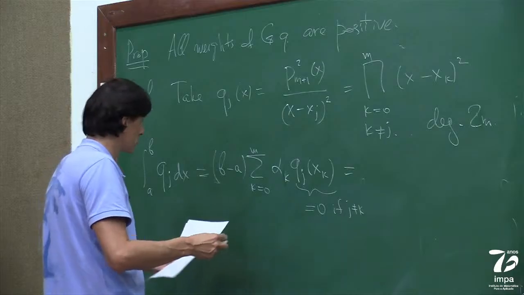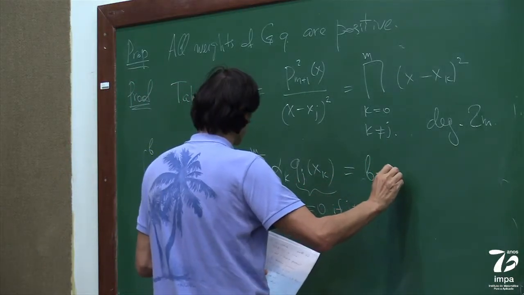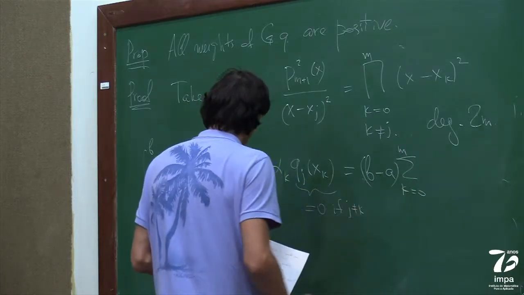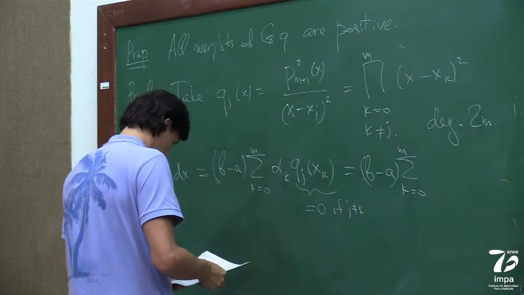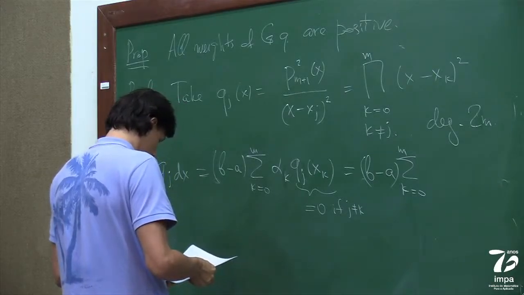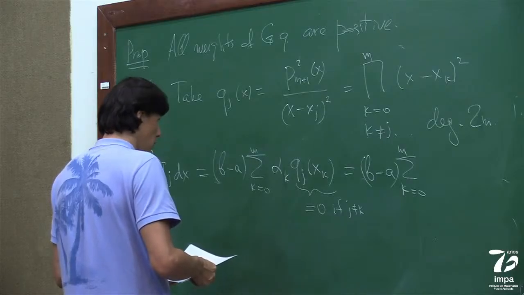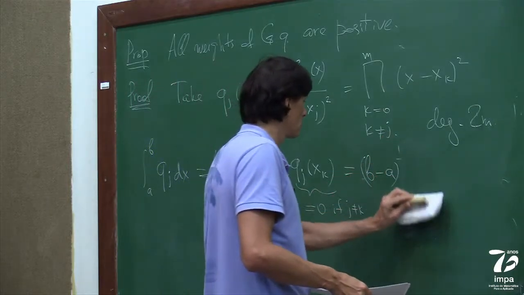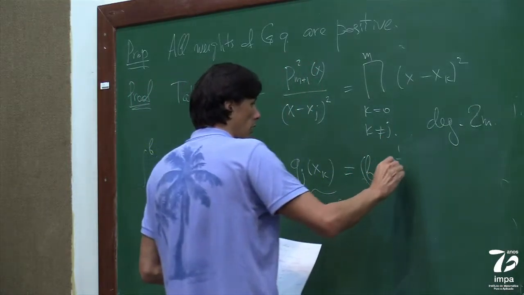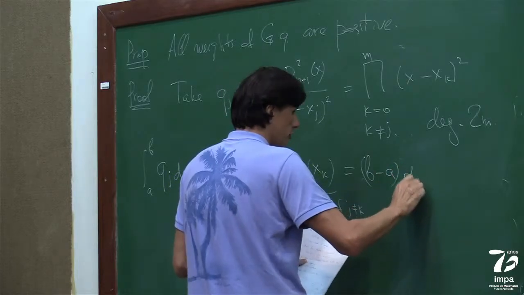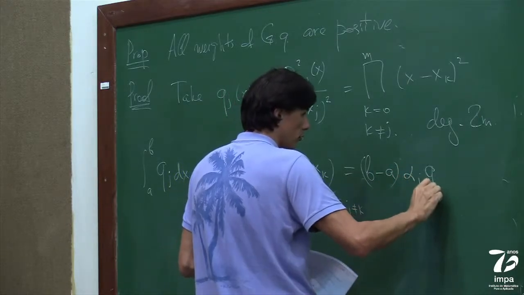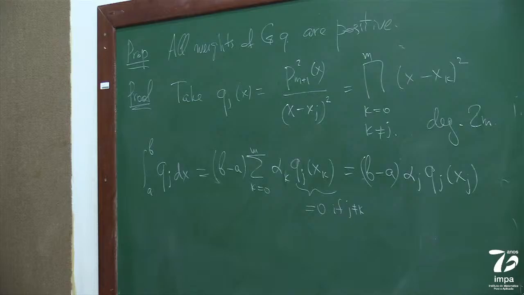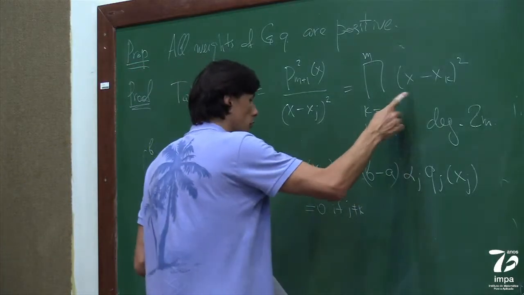So we end up with b minus a... no, there is no summation. It's alpha j. So k equals j: alpha j Qj(xj). Exactly. And now we substitute the explicit formula.